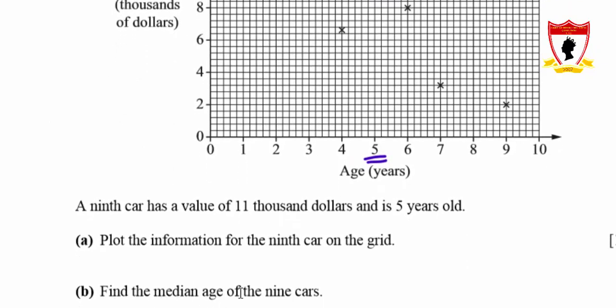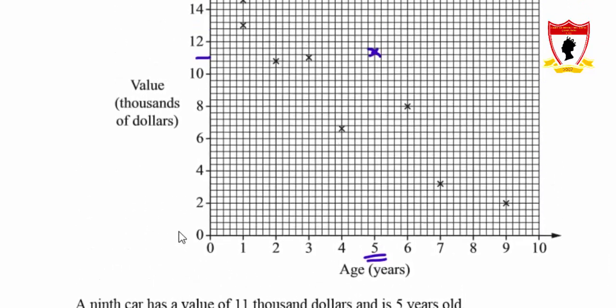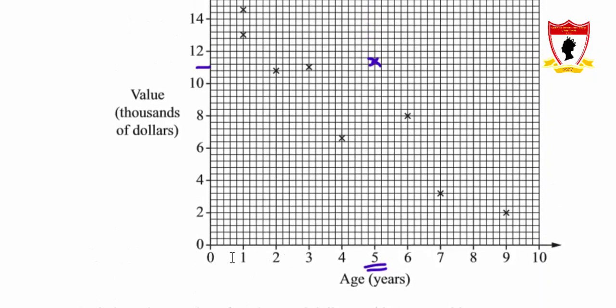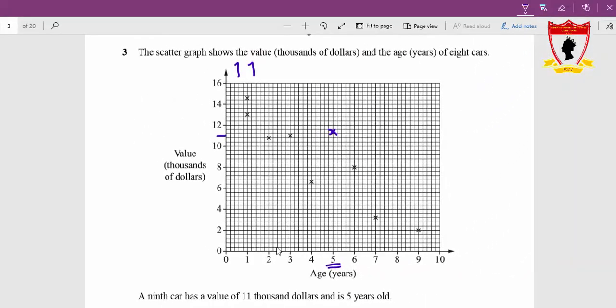Find the median age of the 9 cars. Median, look at the cars. Let's order their ages from least to greatest. Then we'll be able to find the median. So 2 cars are 1 year old. So we can write here 1, 1. Then a car here is 2 years old, 2.